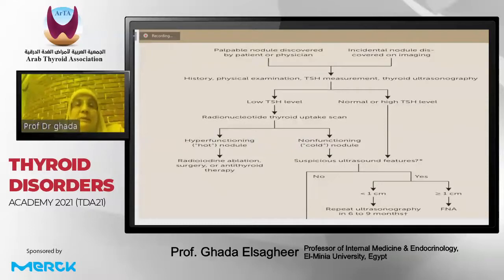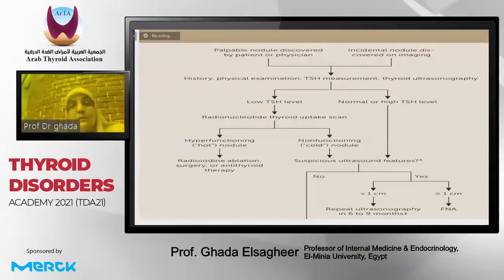If we find a low TSH level, the next step is radionuclide thyroid uptake scan. According to the scan, if there is a hyperfunctioning or hot nodule, this means hyperthyroidism, either subclinical or clinical, then the final treatment is radioiodine ablation, surgery, or antithyroid therapy according to the situation.